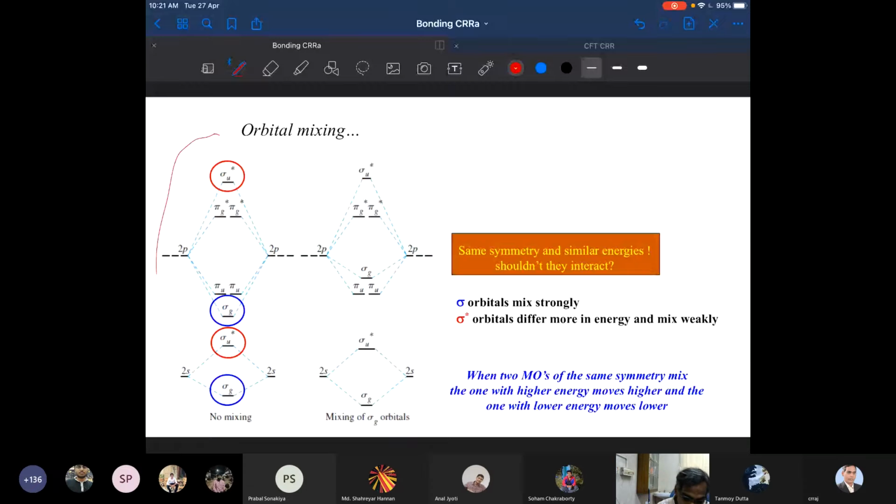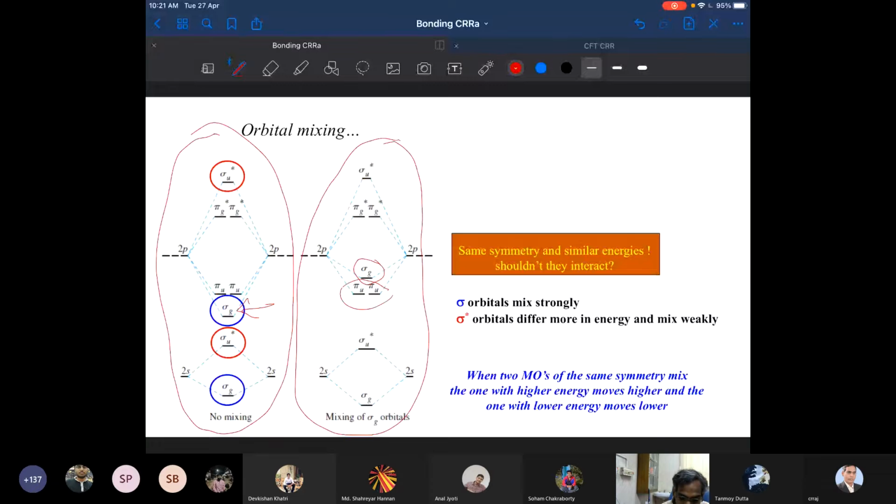If mixing takes place, the order of the MOs changes, which we can see here. Now here you have your sigma g, the blue colored circle. In the case of mixing, it rises above your pi MOs. This is basically due to the mixing.